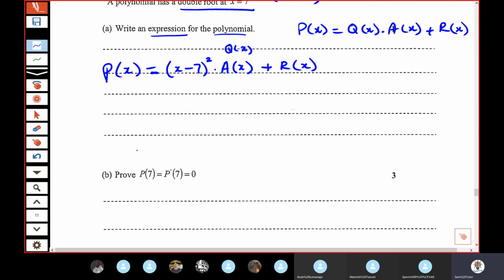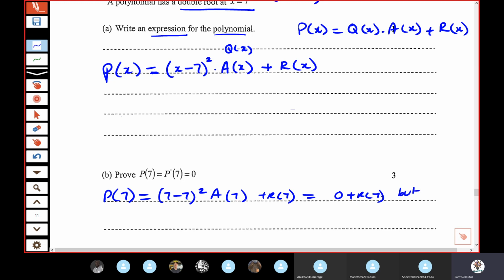So let's do P of 7. Now that we have our function, P of 7 equals (7 minus 7) squared A of 7 plus R of 7, which equals 0 plus R of 7.